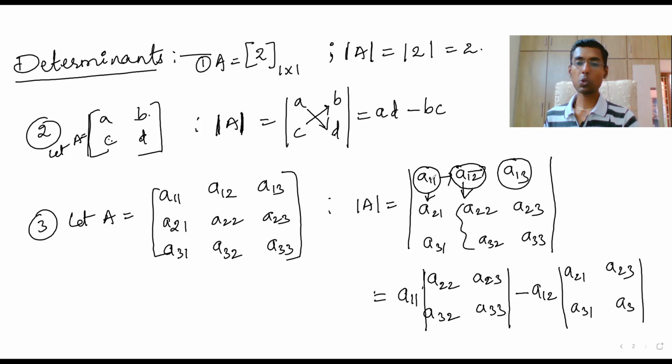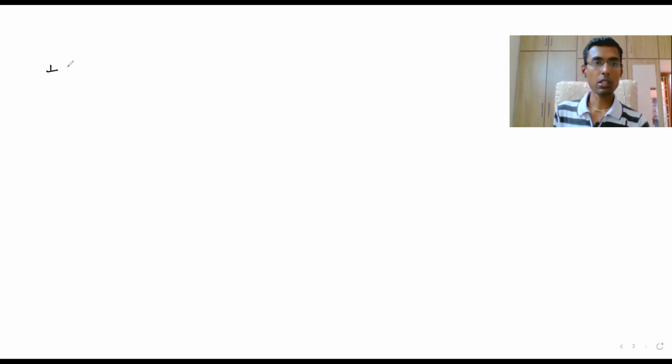So that means you are finding the determinant by expanding the first row. That is plus A13, and the first row, third column you remove. Remaining you write in determinant: A21, A22, A31, A32.